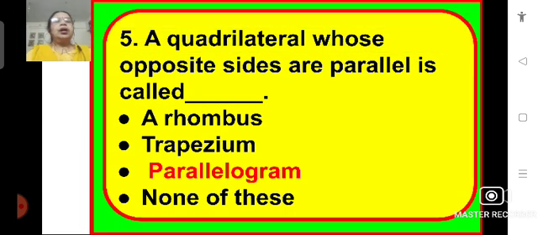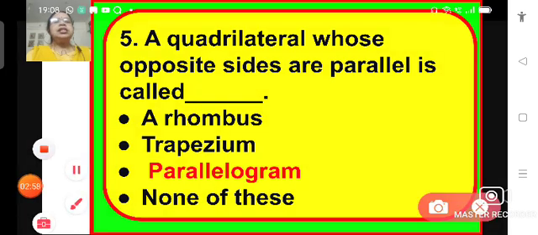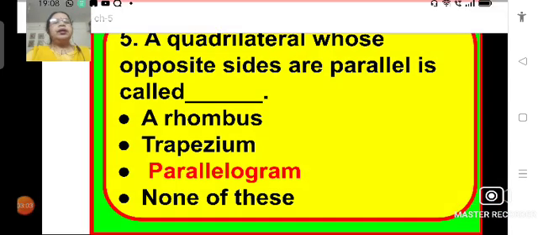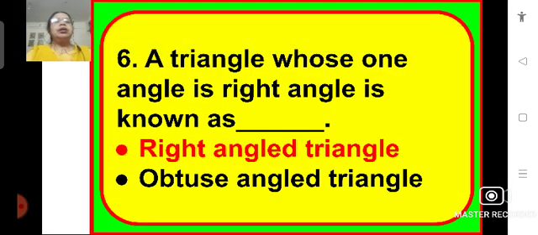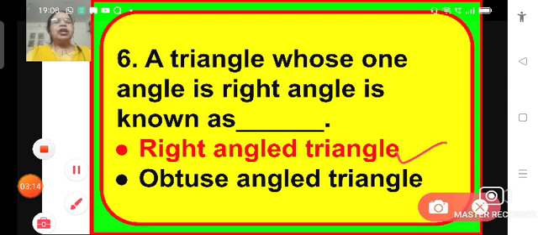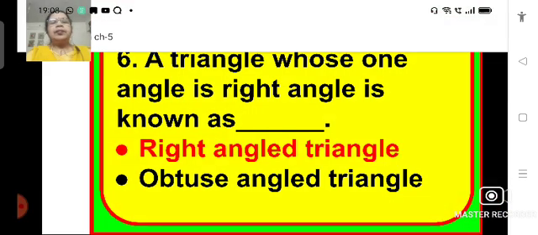Next question, a quadrilateral whose opposite sides are parallel is called, the four options given, a rhombus, a trapezium, a parallelogram and none of these. We know that a quadrilateral which has opposite sides as parallel is a parallelogram. Next question, a triangle whose one angle is right angle is known as a right angle triangle. One of the angles, if it is right angle, it is known as a right angle triangle.